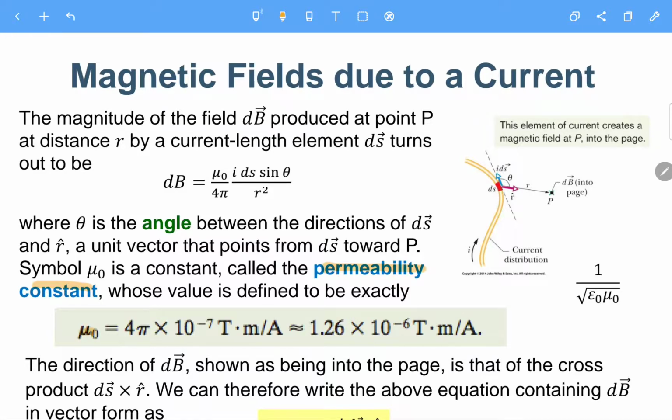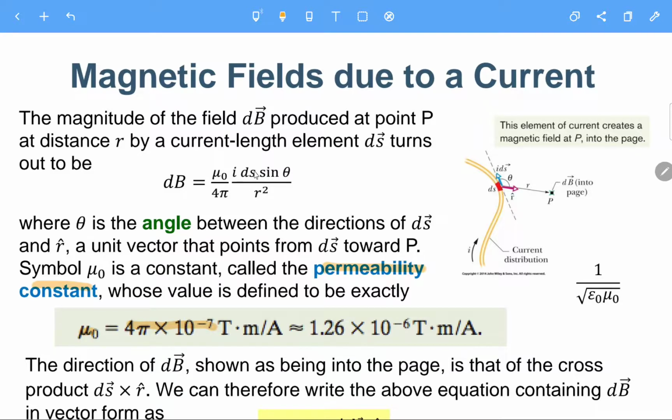The value is 4 pi times 10 to the minus 7 tesla meter per ampere. So we have mu naught over 4 pi, so this term is simply 10 to the minus 7 power. This is a constant term.